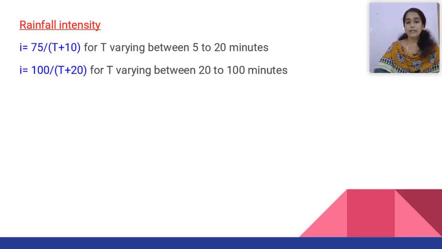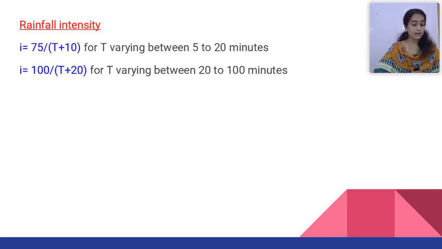Then the rainfall intensity, that is I or PC. The first equation is for calculating the rainfall intensity when the rain duration is between 5 to 20 minutes.